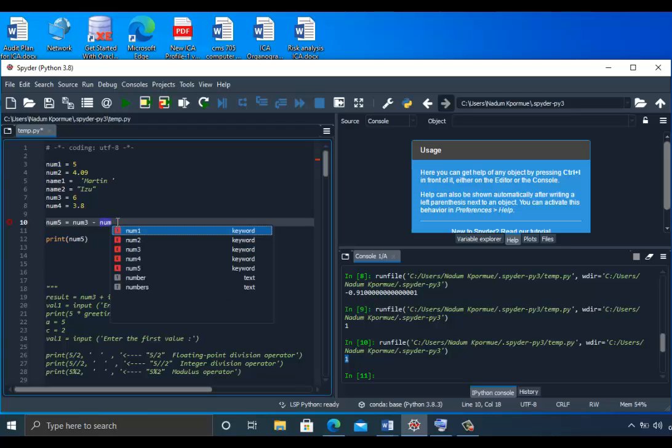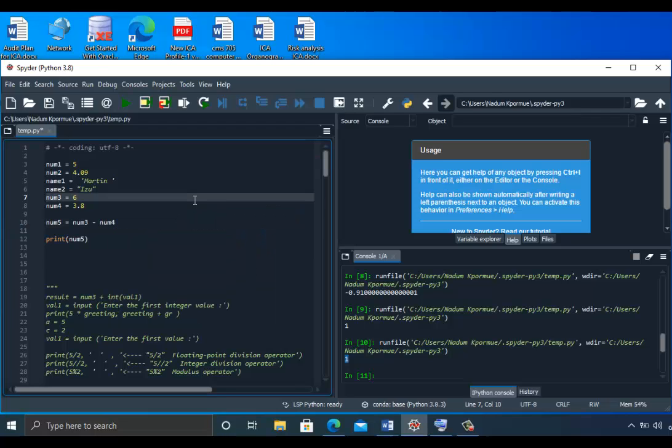Num3, what's the difference between num3 and num4? Now, the result will eventually be what? A floating point. But in other programming languages, the result may not be a floating point.